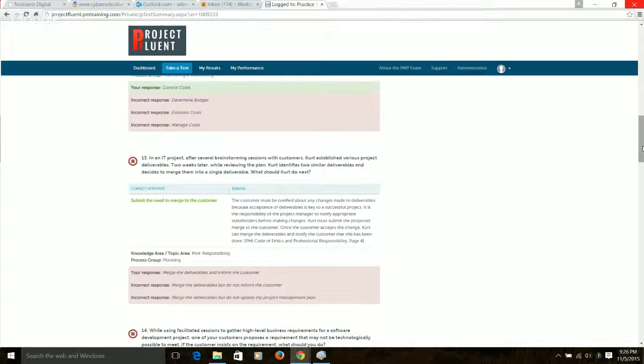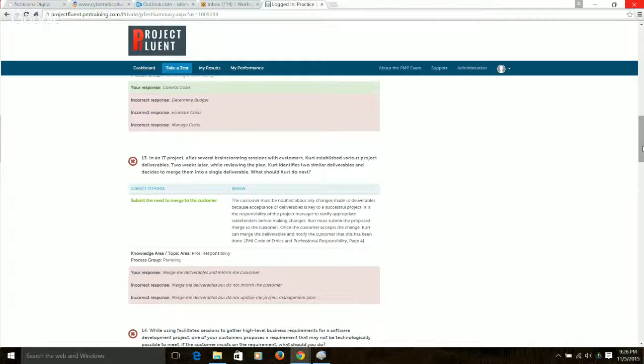The correct response is submit the need to merge to the customer. So the customer must be notified about any changes made to deliverables, because the acceptance of deliverables is a key to a successful project. It is the responsibility of the PM to notify appropriate stakeholders before making any changes. So Kurt must submit the proposed merge to the customer.